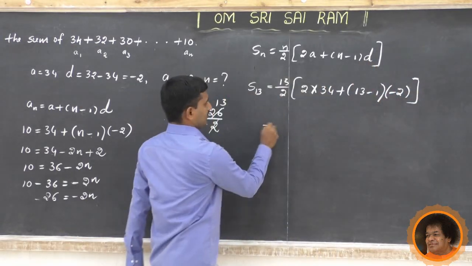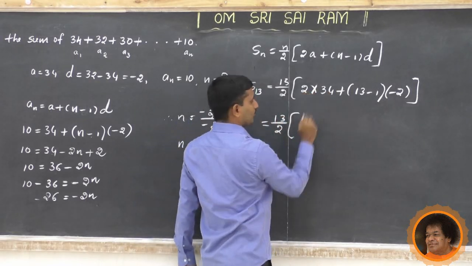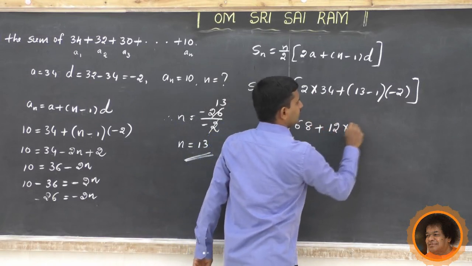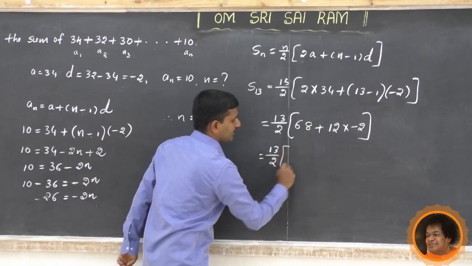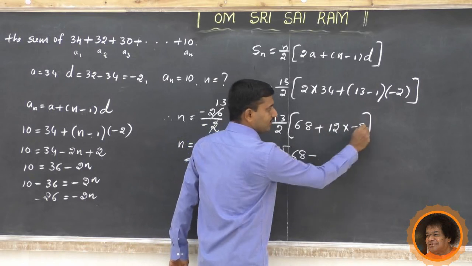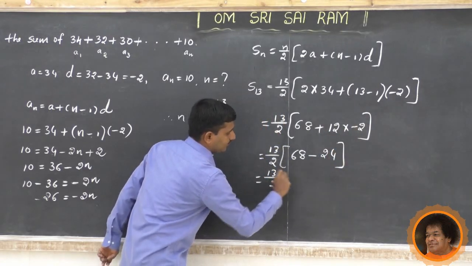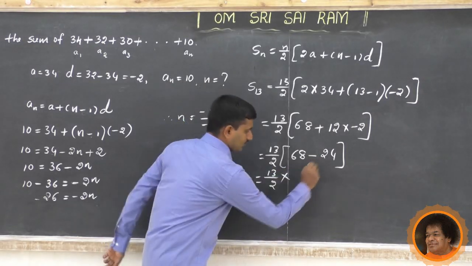Now simplify. So it is equal to 13 by 2 into 34 into 2, that is 68, plus 12 into minus 2. So which is equal to 13 by 2 into 68 plus, into minus, that is minus 12 into 2, that is 24. So which is equal to 13 by 2 into 68 minus 24, subtract.